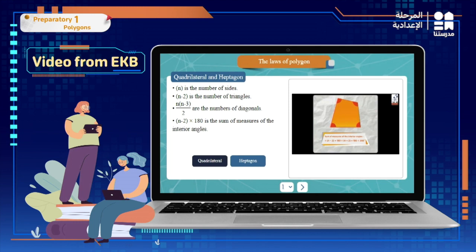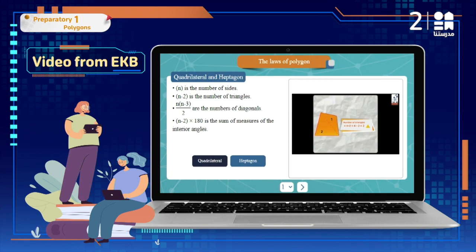Moreover, there is another law to easily get the number of diagonals without counting with your eyes. This law states that the number of sides multiplied by the number of sides minus 3, all divided by 2, is the right way to get the correct number of diagonals from any polygon. So, if we apply this law on 4 sides, we will get 2 diagonals, as you see in the figure.